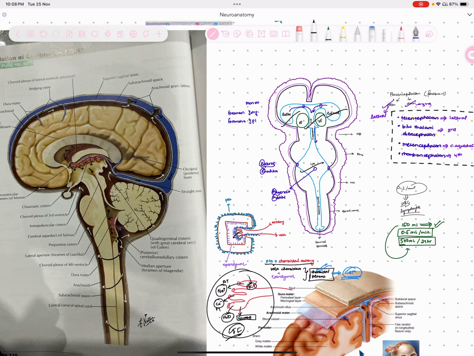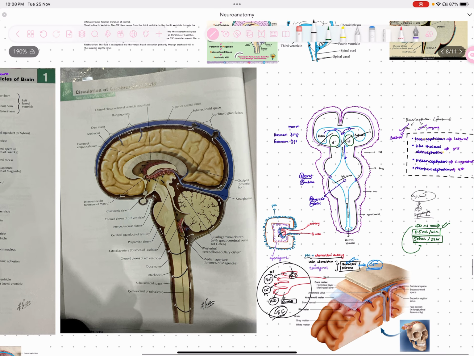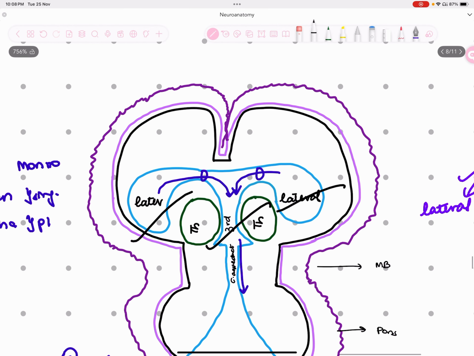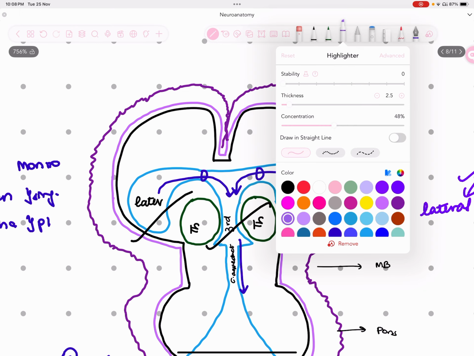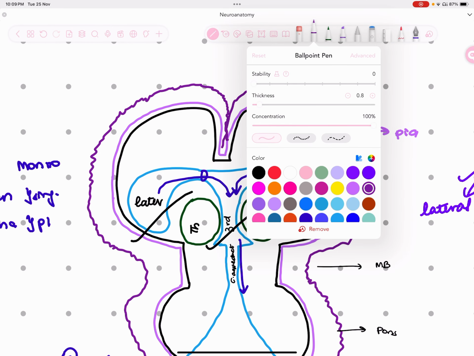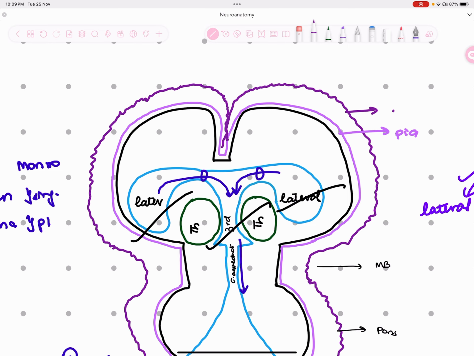Let's move forward. Now let's add some things here. So where is the subarachnoid space? Where can you see the subarachnoid space? Let me label that. Here you can see, I haven't labeled it properly, but this is your pia mater right outside the brain, and then this is the arachnoid mater.